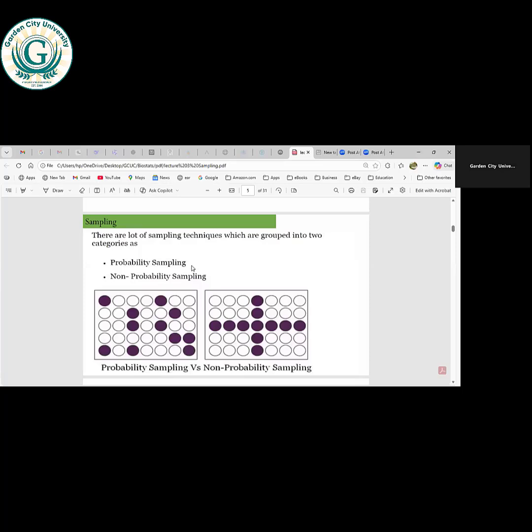So for the probability sampling technique, these are done based on randomness. These are done based on probability. So meaning that for probability sampling techniques, it doesn't happen by chance.